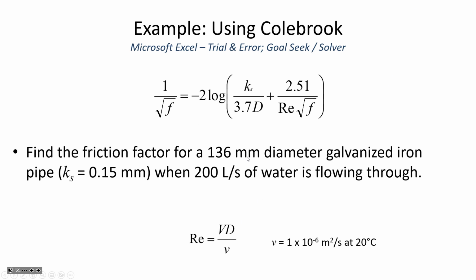Inside the Colebrook equation, you can see here's the Reynolds number, and just to refresh your memory, here's the formula for Reynolds number in terms of kinematic viscosity. But let's determine, for these flow conditions, what is the Reynolds number. Then we'll fire up Excel and do that iterative process of solving the Colebrook equation. So if the diameter is 0.136 meters, then the area will be pi d squared divided by 4.